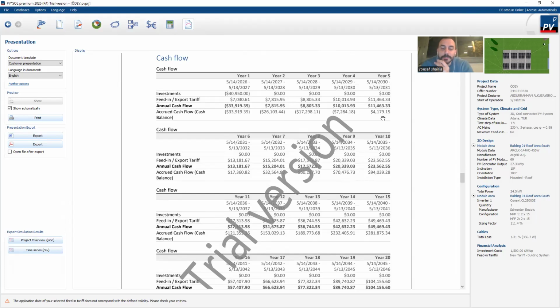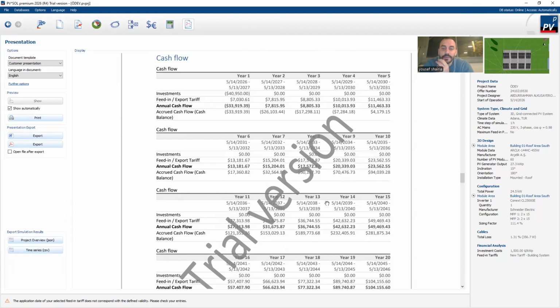as we said before, payback period. By year number 10 here, the accrued balance is already at $94,000, and it grows steadily to $677,000 by year 20, thanks to the compounding effect of the inflation adjusted tariff.